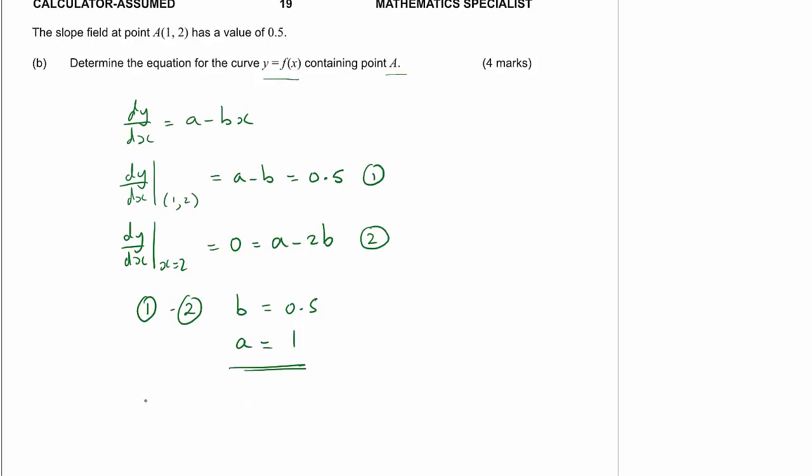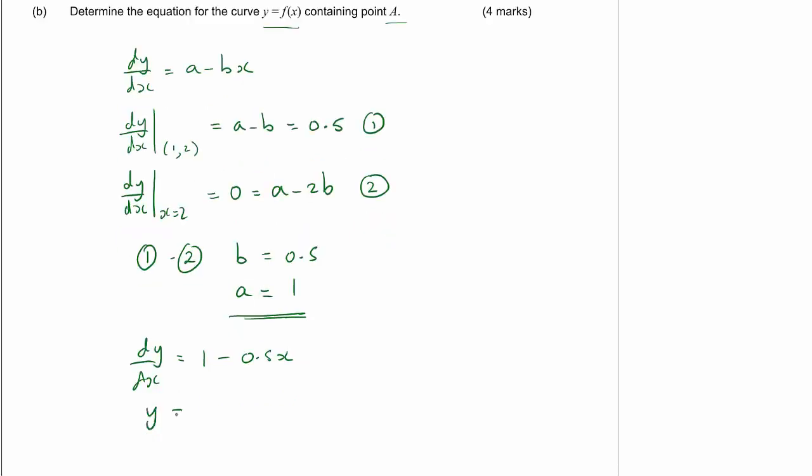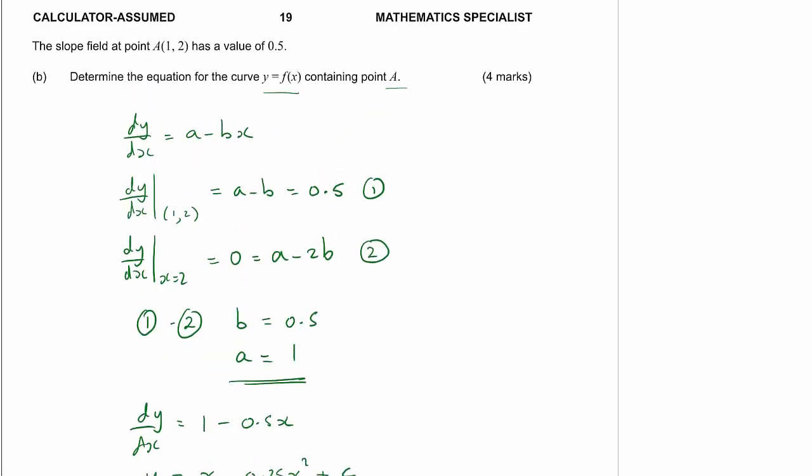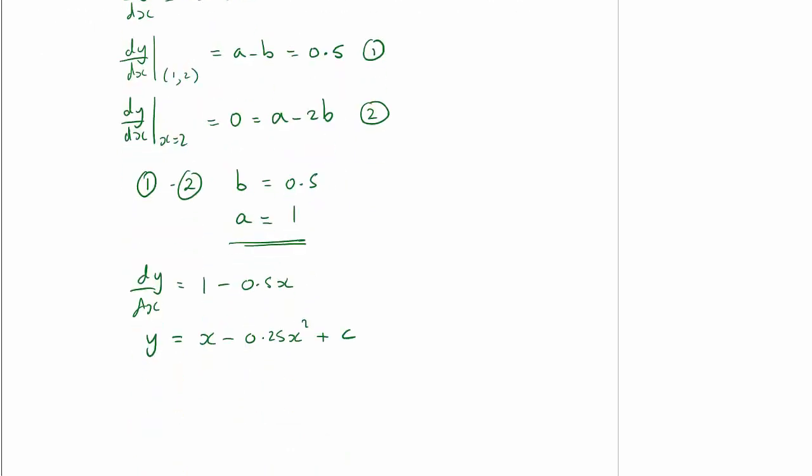So we now have that dy/dx is equal to 1 take away 0.5x. So y would be equal to x take away 0.25x squared plus a constant. And we know the one we want goes through (1, 2), x is 1, y is 2.